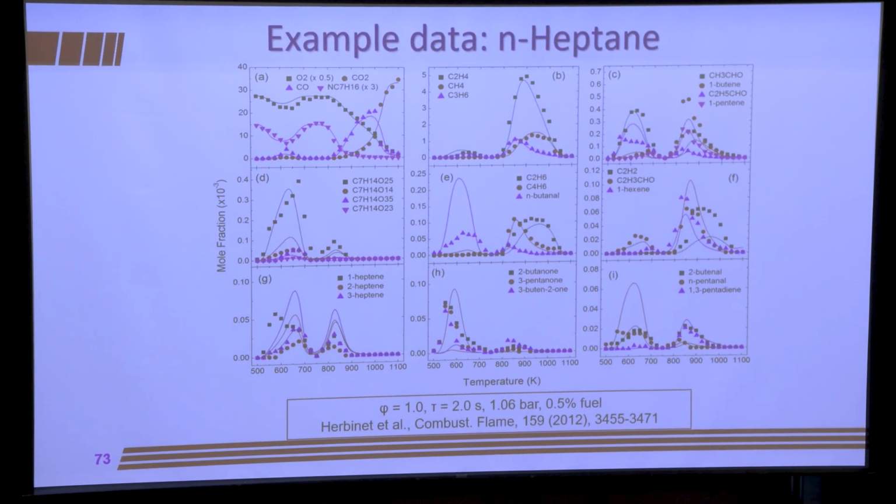Okay, here are the type of results. This is actually from experimental results from Olivier Herbinet, working with Frédéric Battin-Leclerc in Nancy. These are data for n-heptane oxidation, taken at an equivalence ratio of 1, a residence time in the reactor of 2 seconds, we'll come back to that in a minute, a pressure of 1 bar and 0.5% fuel.